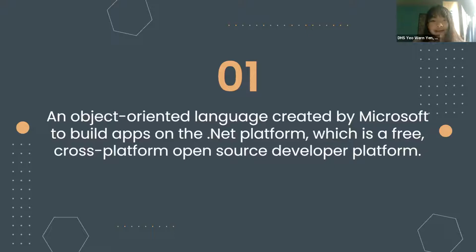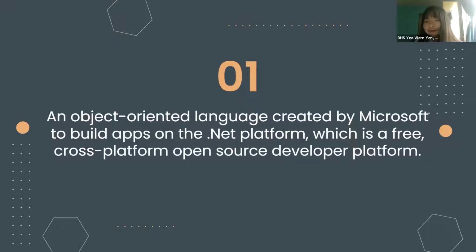The second, more difficult to understand part of this sentence is cross-platform. What this basically means is that given the same chunk of code, you can make it run on different platforms like Apple iOS, Android, and given that this is developed by Microsoft, the regular PC as well.